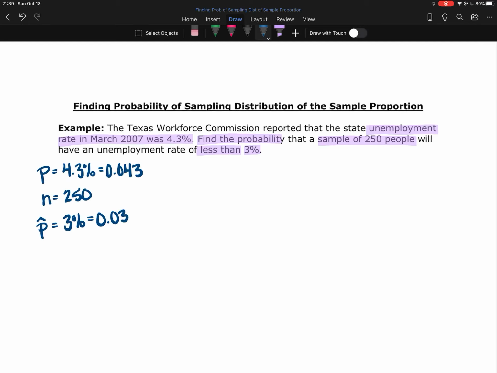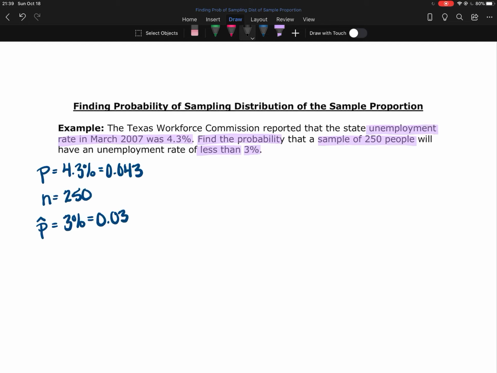So then that's p. So these are the three values that you will need to identify when you have a sample proportion problem. And one of the ways to tell the difference between a sampling distribution of a sample proportion and a sampling distribution of a sample mean is percentages versus means and standard deviations.